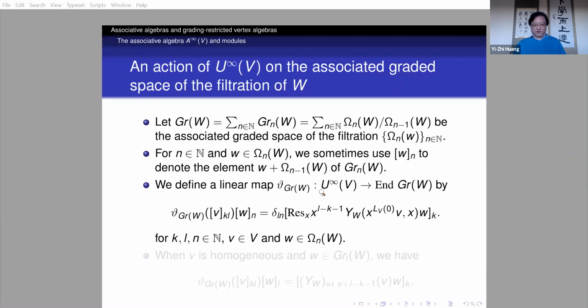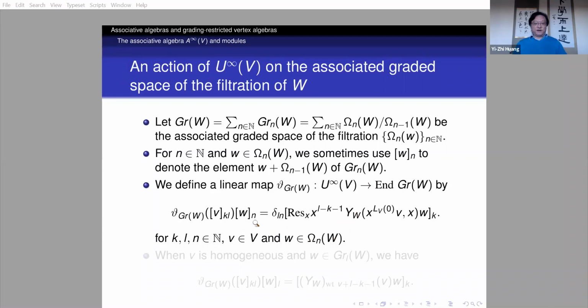We only need to define such a linear map. It is defined in this way. Inside this theta on gr W, I put a suitable element in this U infinity V, which has its only non-zero entry at K L, and this w_n is the abbreviation I use, and it is defined to be this.